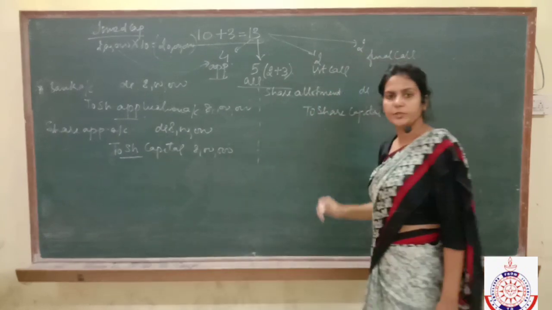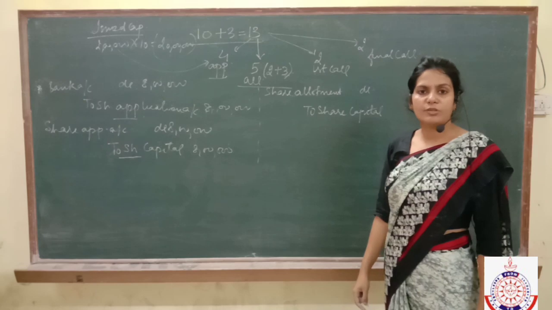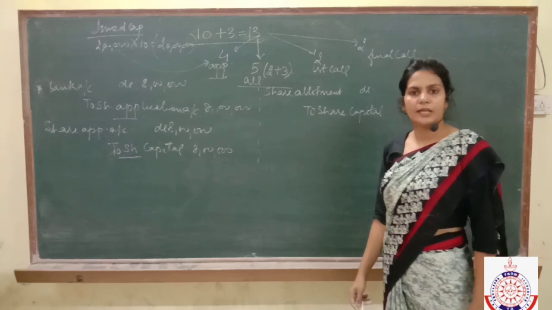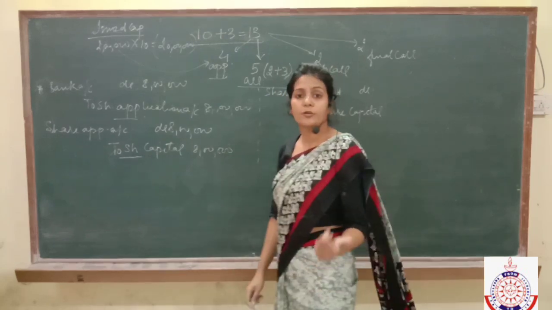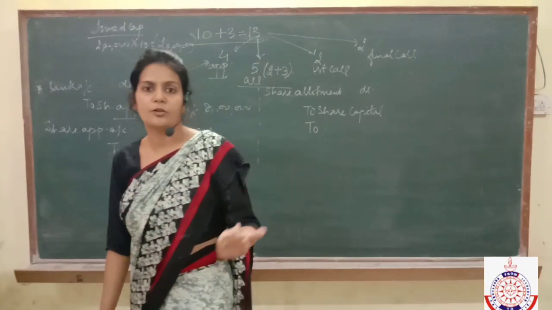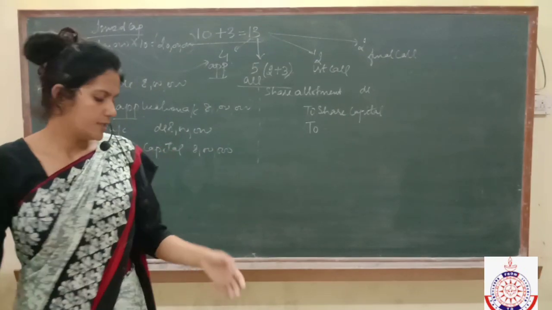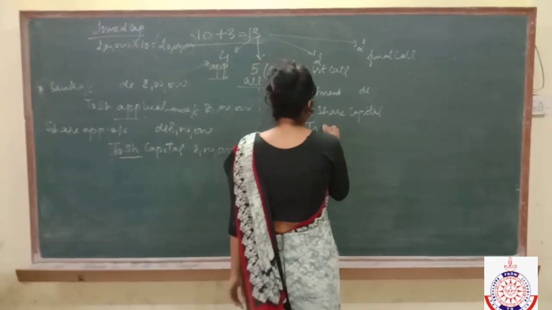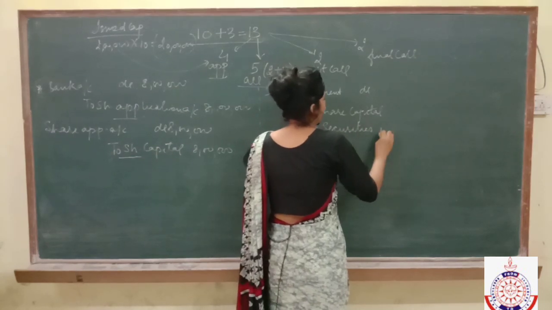This entry I explained to you in the previous video also. What is this ₹3? This ₹3 is premium. Premium is an income for you, so it will be credited, and moreover premium is part of your reserves also. It is a part of your profits because you are going to add this premium to the profits. So you are going to write it to securities premium.